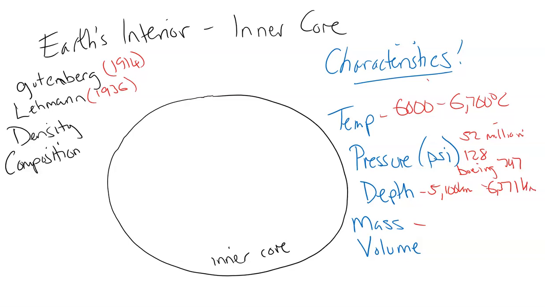The mass, we're looking at about 33% mass, about a third of the mass of the Earth, even though it's only 16.4% volume. So that goes back to saying that it's extremely dense, but also not large, not a large portion, but a very dense, small ball of iron nickel alloy.